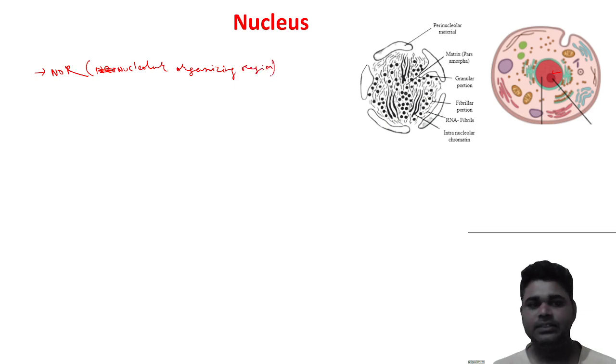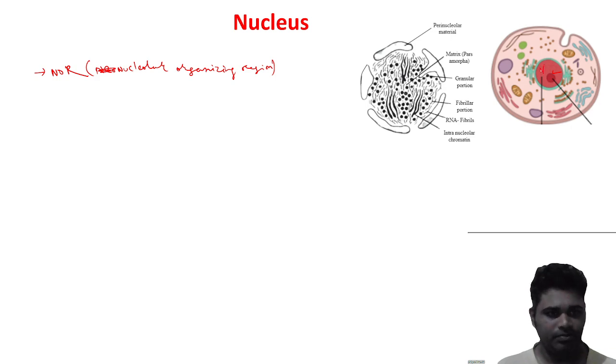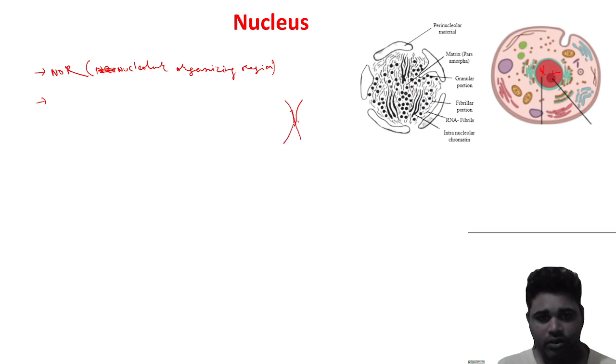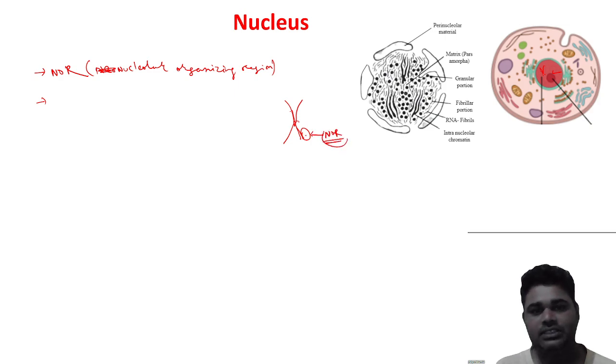Inside the nucleus many chromosomes are present, and around particular chromosomes the nucleolus is formed. For example, let's suppose this is a chromosome. Around the chromosome a structure is formed, and that is called the NOR, the nucleolar organizing region, and it forms the nucleolus.